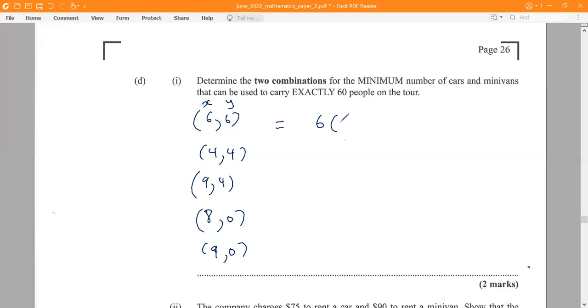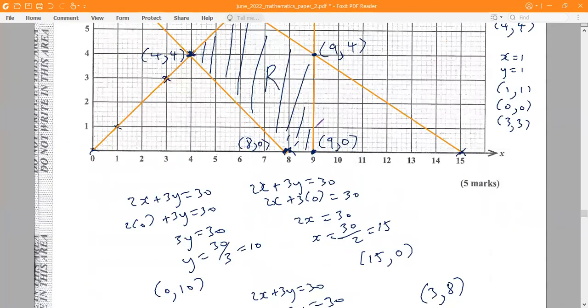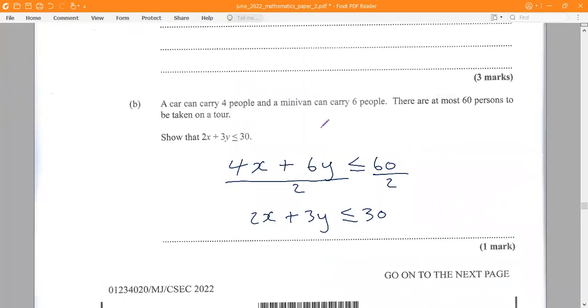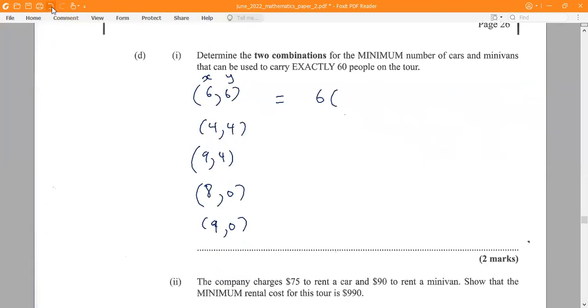Let us go back to our equation: 4x plus 6y is less than or equal to 60, right? Remember, our car could only hold 4 people and a minivan could only hold 6 people.